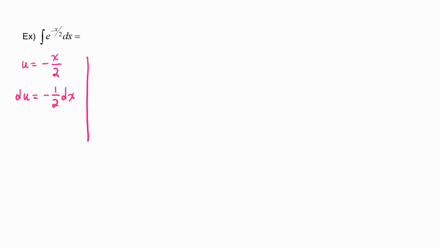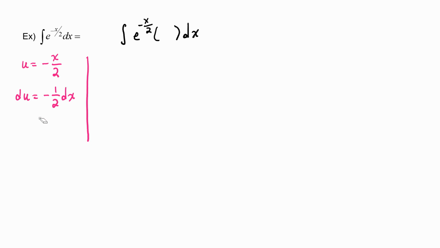So working with our integral in the x variable, we have the integral e to the negative x over 2. Now I'm going to leave some space here because looking at my du, I see I'm going to need to put in a negative 1/2 there. And then I'll write the dx. So far, we just have e to the negative x over 2 and the dx from the original integral.